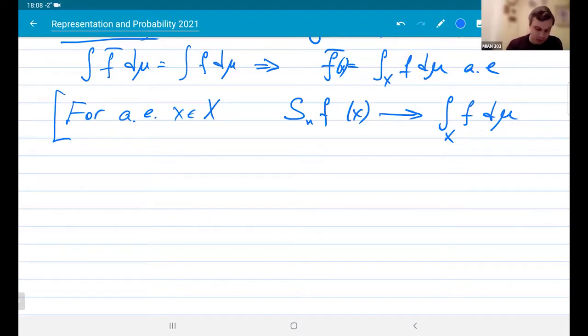Let us consider, for example, some nice space X, metric and separable.